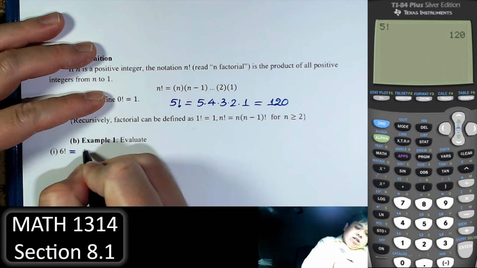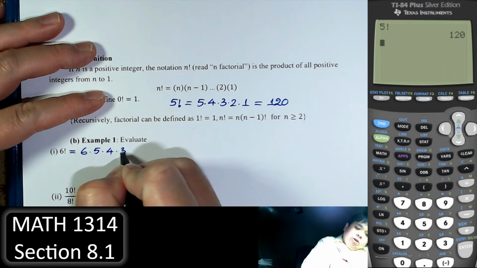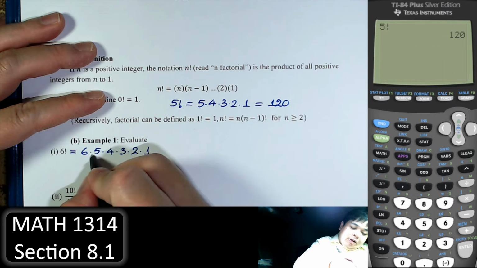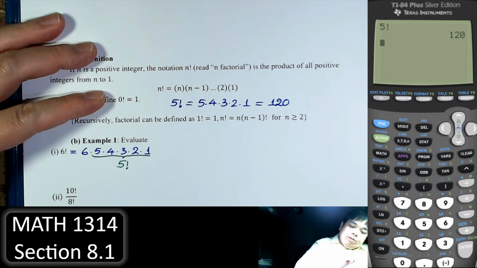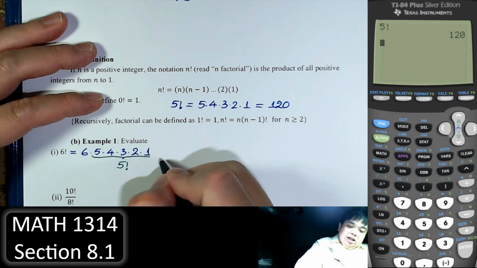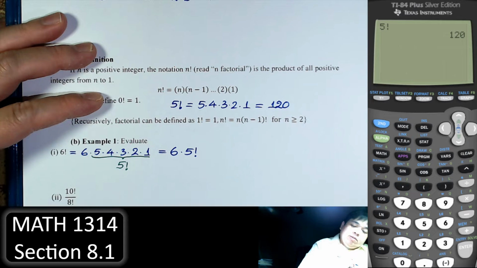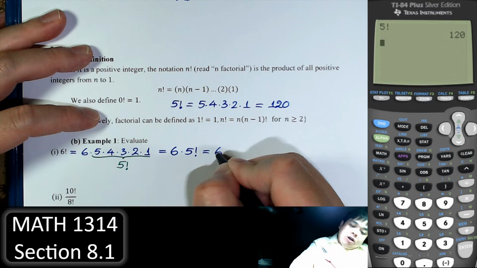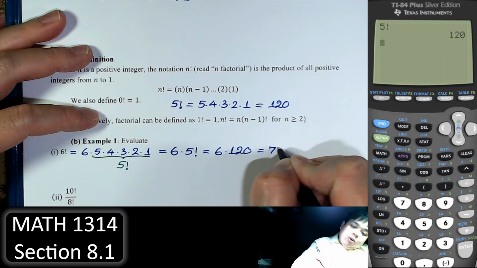We can write 6 factorial as 6 times 5, 4, 3, 2, and 1. Now, 5, 4, 3, 2, 1 is 5 factorial. So we can say this is equal to 6 times 5 factorial, right? Which is equal to 6 times 120, which is 720.